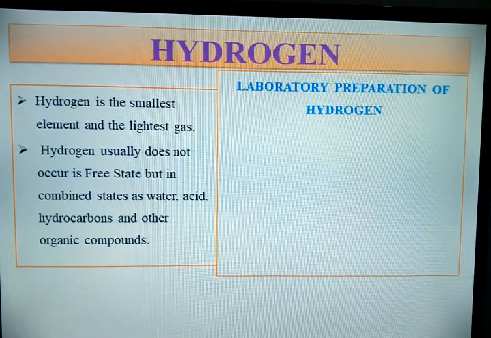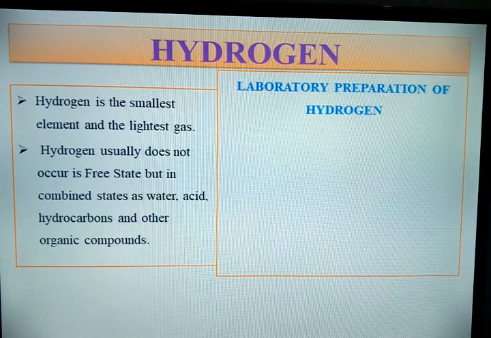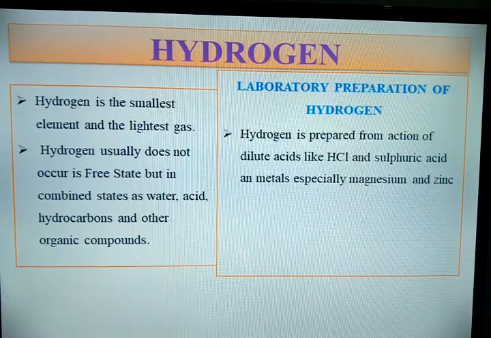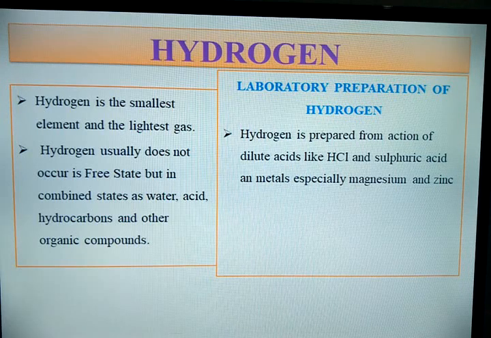We are going to look at how we can prepare hydrogen in the laboratory, and there are two methods of preparation of hydrogen. We can be requested to prepare a dry sample of hydrogen, or simply we can be requested to prepare hydrogen as hydrogen gas. Normally we use two substances to prepare hydrogen.